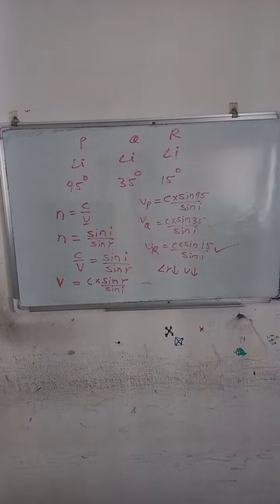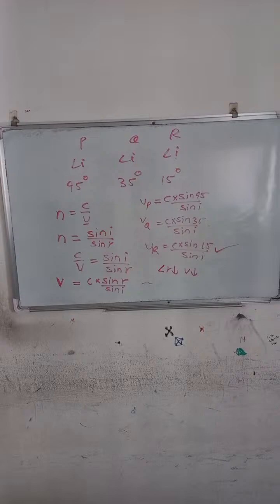So I will repeat this question. As the velocity of light increases, the refractive index of the medium decreases. Light enters from air to water having refractive index 4/3.